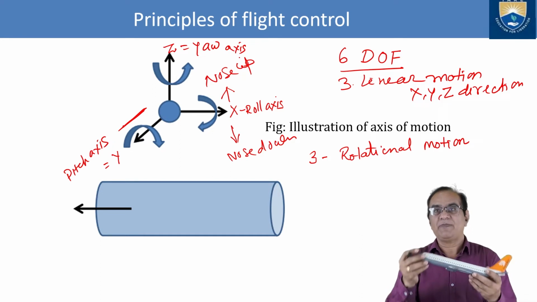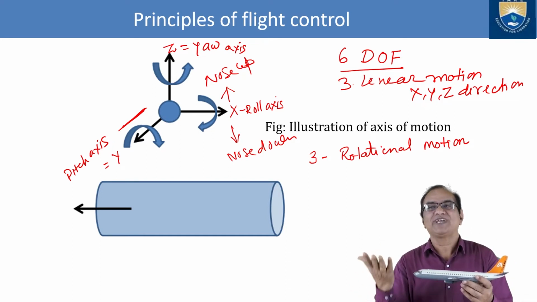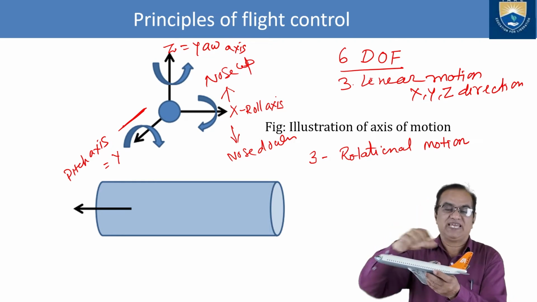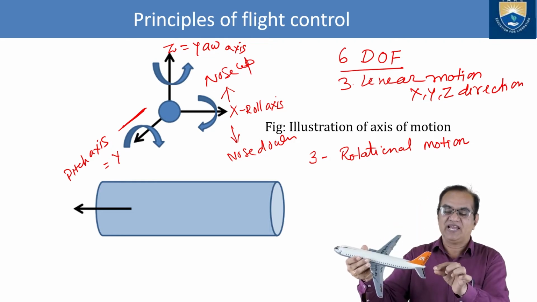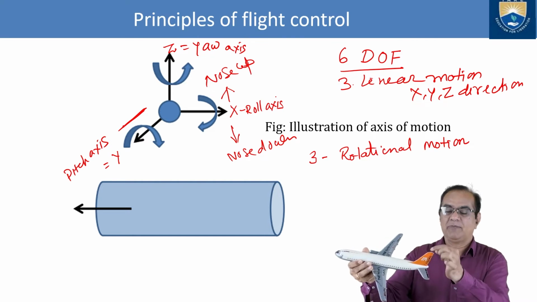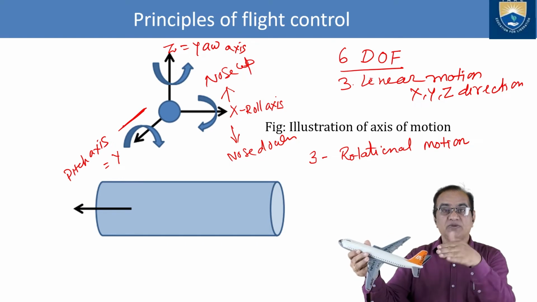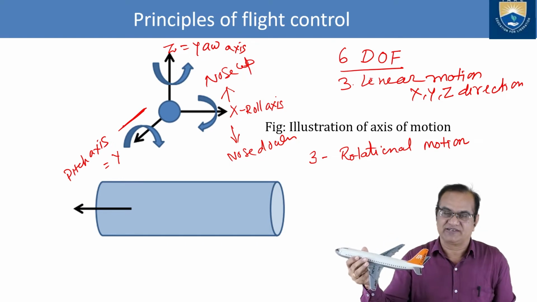But how do you achieve nose up and nose down? There is a horizontal tail. In the horizontal tail you can see a black strip, which is a movable strip called the elevator.